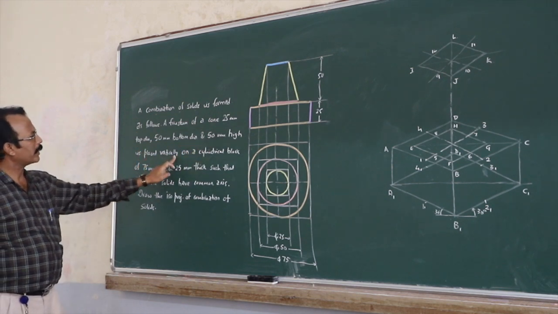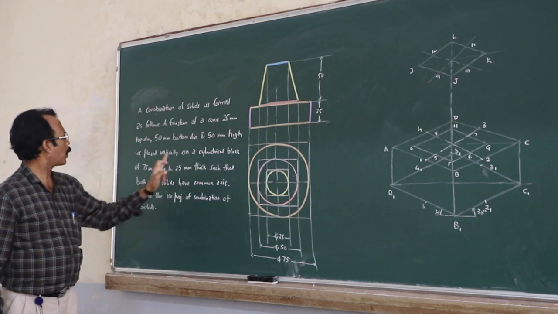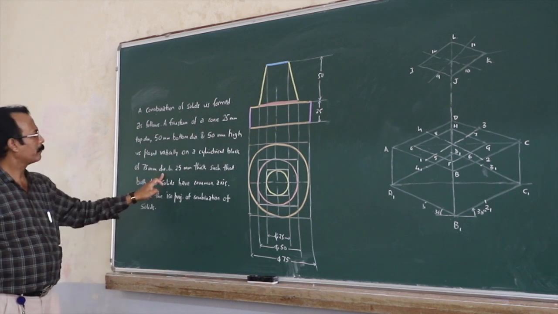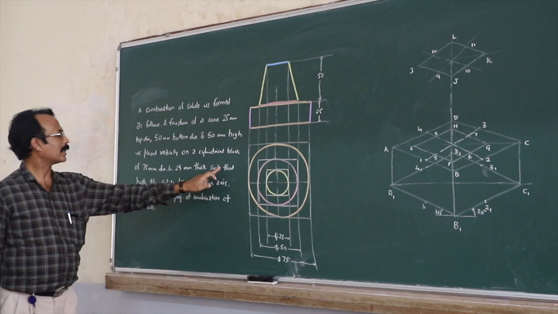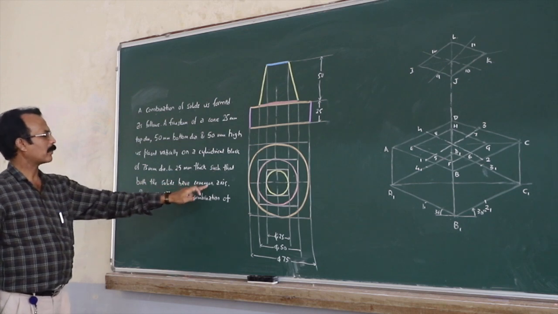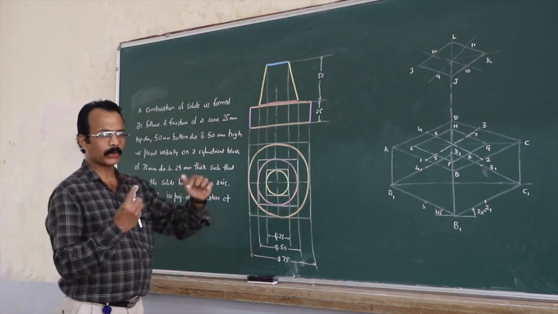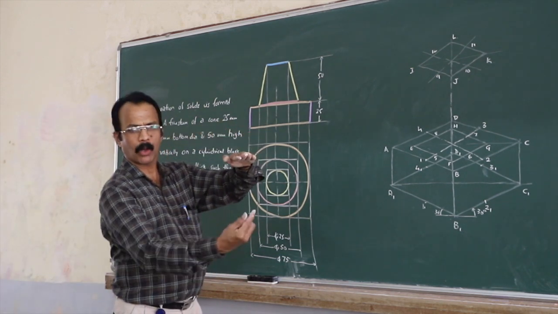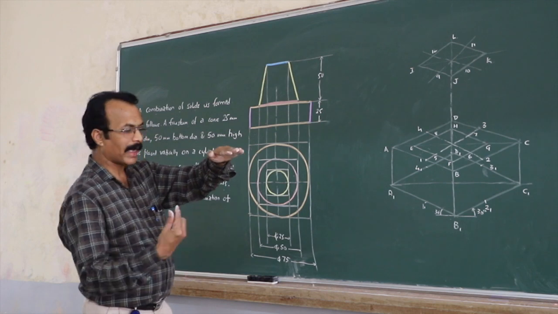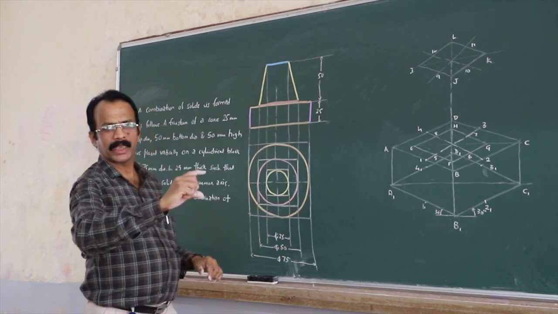It is placed vertically on a cylindrical block of 75 mm dia and 25 mm thick, such that both the solids have a common axis there, right. Draw the isometric projection. So you have a cylindrical block of 75 dia and 25 mm thickness.